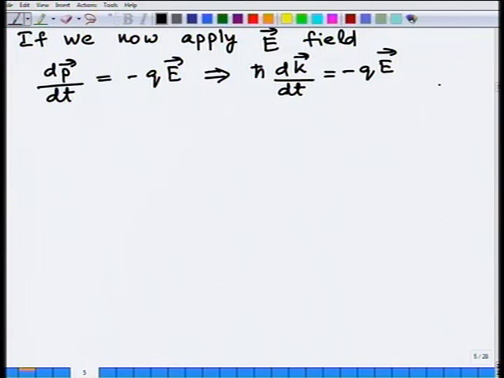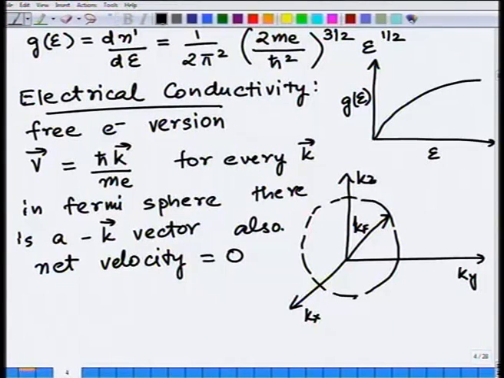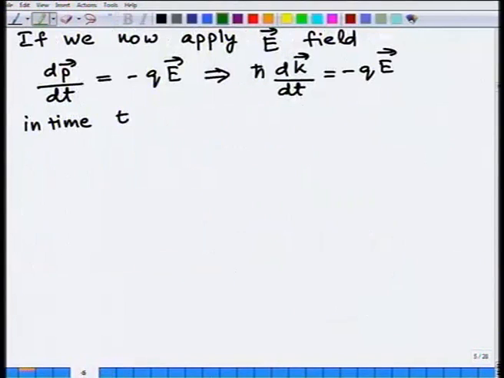So, what does this mean? So, in time t, this Fermi sphere starts moving. How does it move? If I integrate this expression right here, what do I get? I get that k vector at any time t will be equal to k vector at time equal to 0.